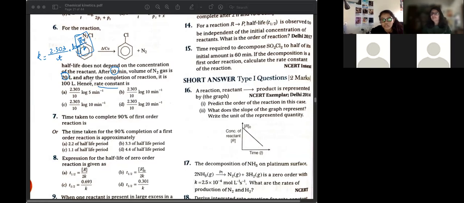Ma'am, it's R1 by R2, right? So it should be 20 by, wait. After 10 minutes, volume of N2 gas is 20 liters. And after the completion of the reaction, it is 100 liters. Hence, the rate constant is, okay.